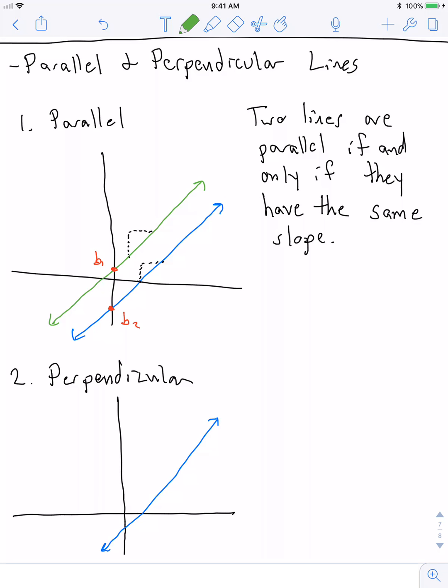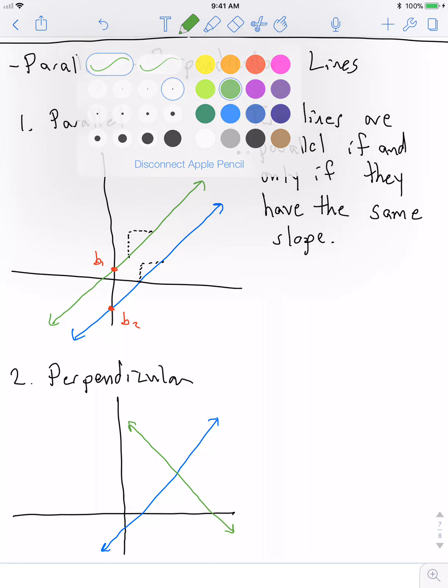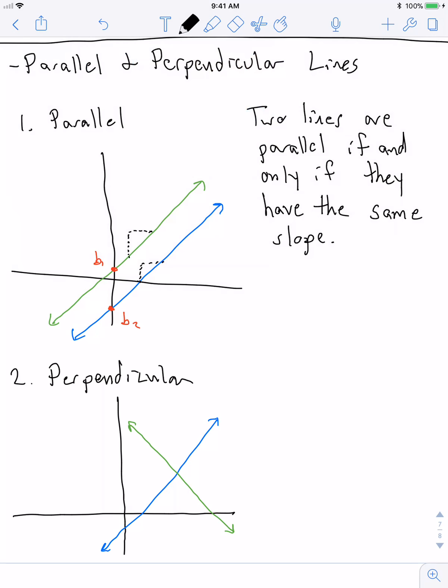And for two lines to be perpendicular, they need to crash into each other, but they need to crash into each other in a very specific way. We want the intersection to be a right angle. The slopes are very, very different, but in a nice way. So the slopes are related, but they're sort of exact opposites of each other.